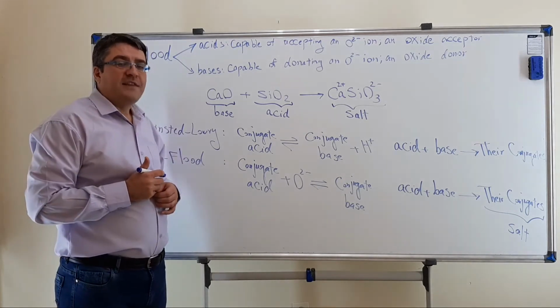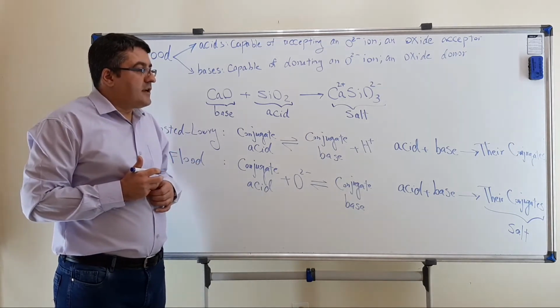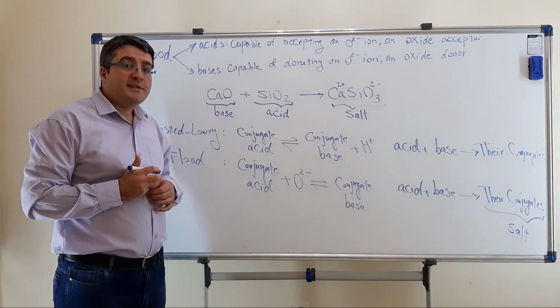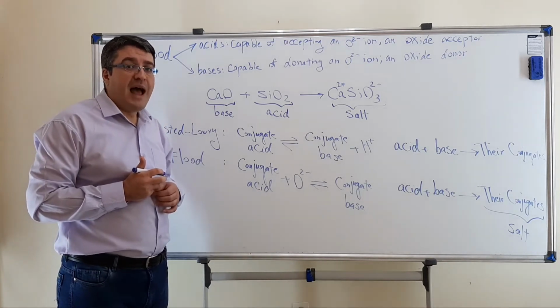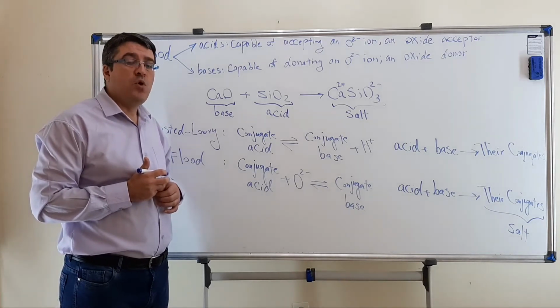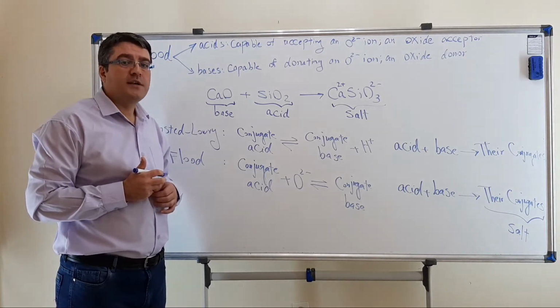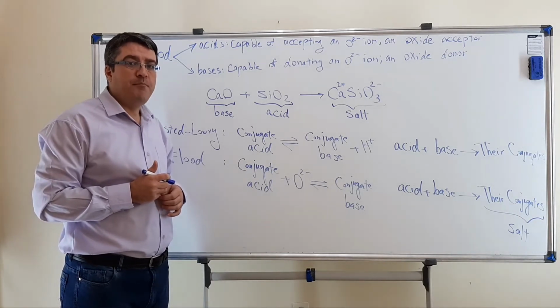Historically, at first Lavoisier considered the element oxygen as an essential part of acids. He named oxygen as acid former. Later, Berzelius proposed that acids are oxides of nonmetals and bases are oxides of metals.